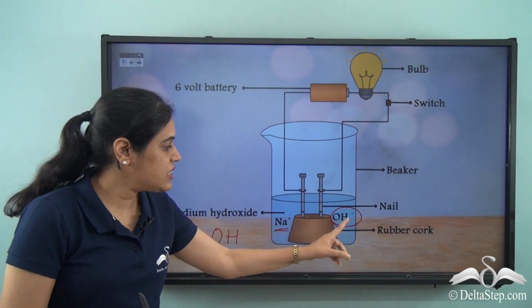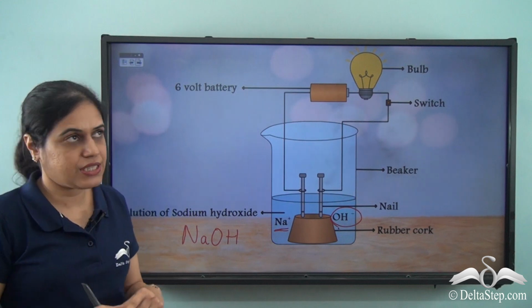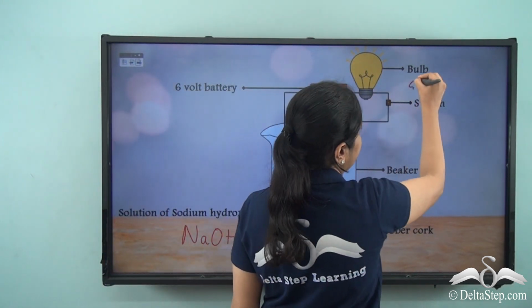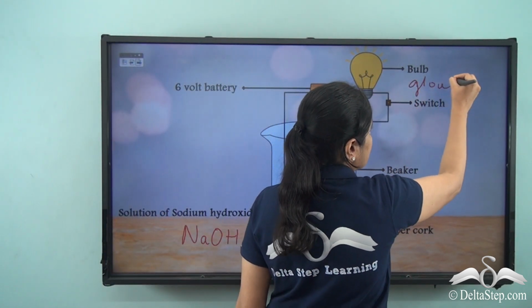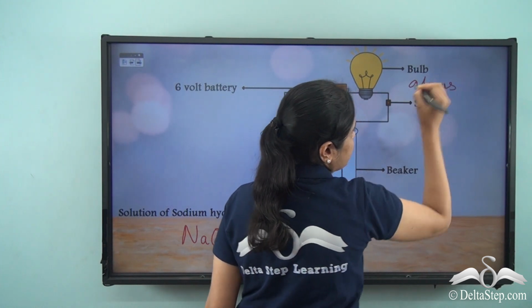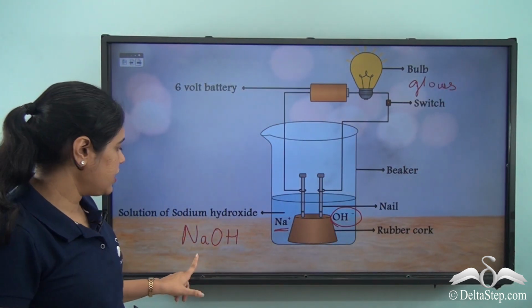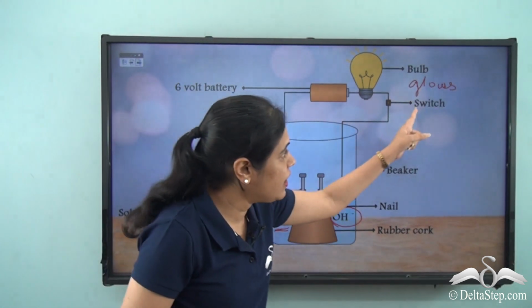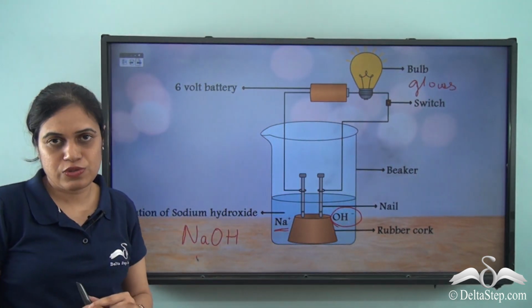And in this case, these ions conduct electricity and make the bulb glow. So in the case of sodium hydroxide as well, the bulb glows.